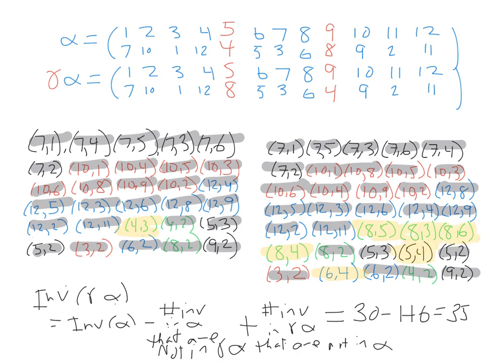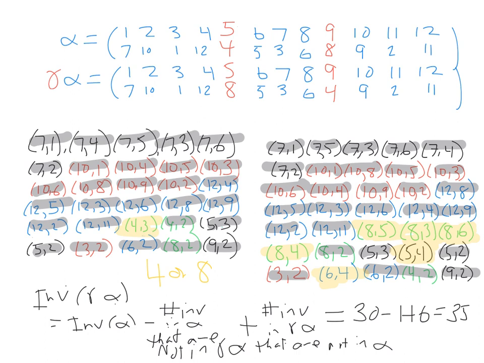Every single one of these involves either a 4 or an 8. And there's one, if you go looking for it, it's right here, that involves both the 4 and the 8.